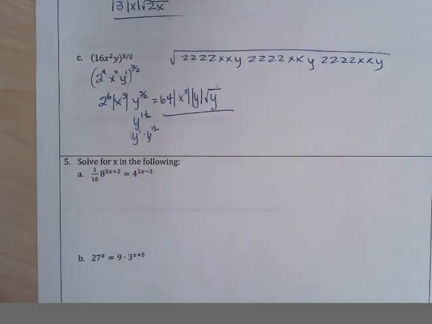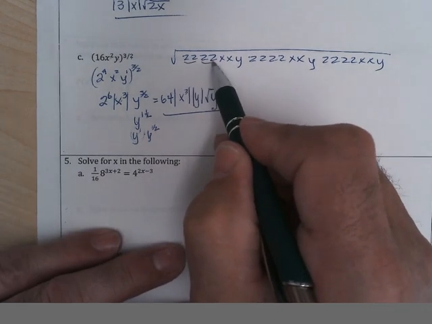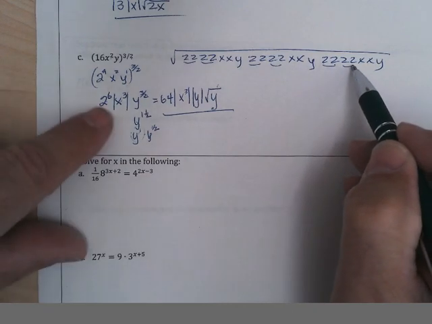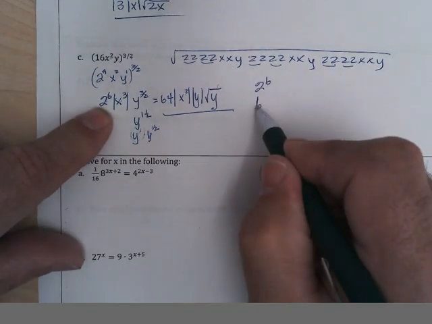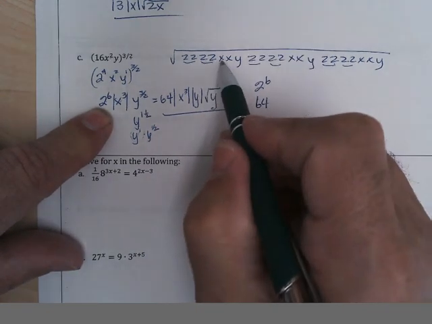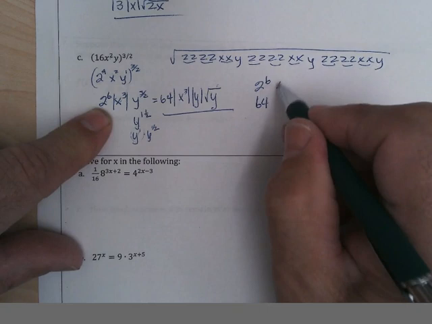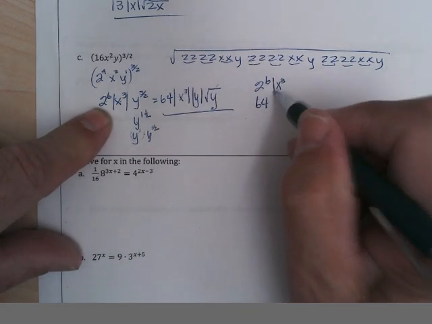So we're looking for pairs. 1 pair of 2's is a 2, 2 pair, 3 pair, 4 pair, 5 pair, 6 pair. I get 2 to the 6, which I've already said is 64. 1 pair of x's, 2 pair of x's, 3 pair of x's, that's x to the third. That's an odd number coming out of an even root, so we have to do absolute value.